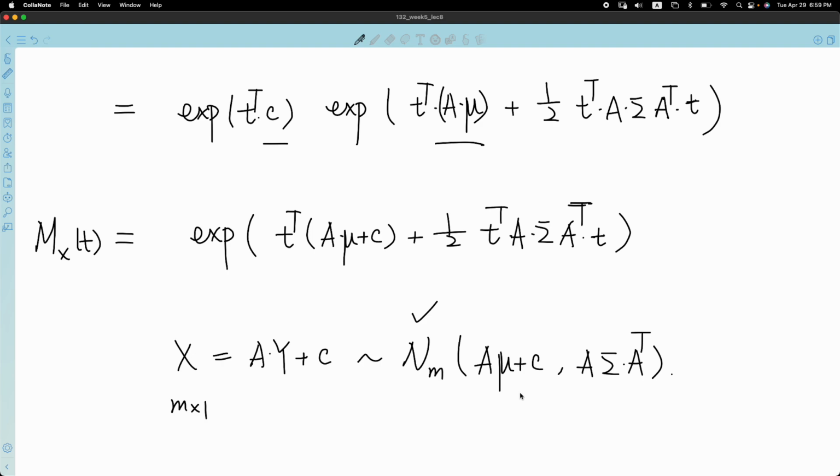But shifting by a constant does not change the variance, but the scaling will square its effect on the sigma. So you have A sigma A transpose, but the shifting term only shifts the mean. Okay, so that is the conclusion here. A linear transformation of a normal random variable is another normal random variable. That's the first part. Scaling and shifting have their corresponding effects on its mean and the sigma matrix.